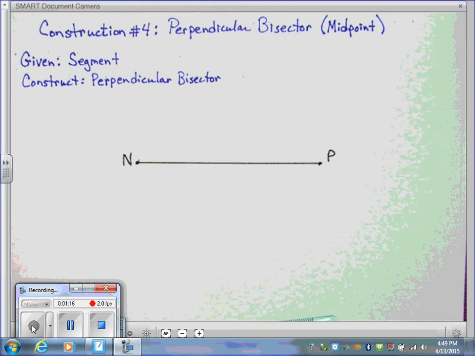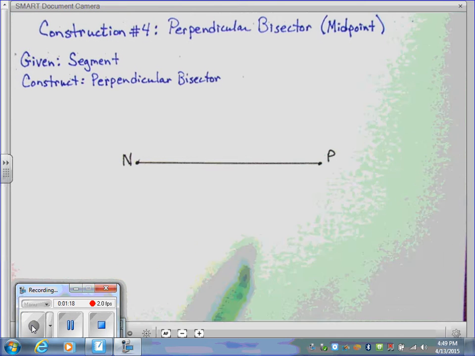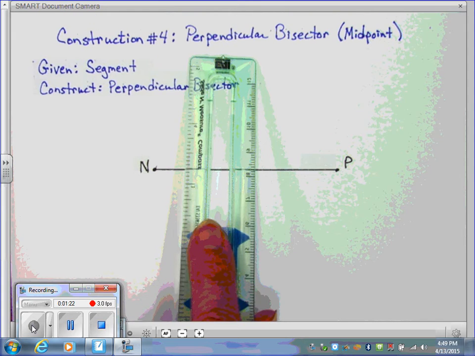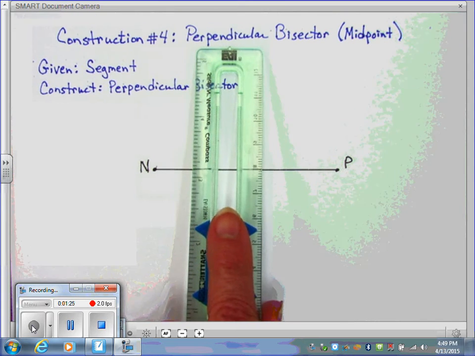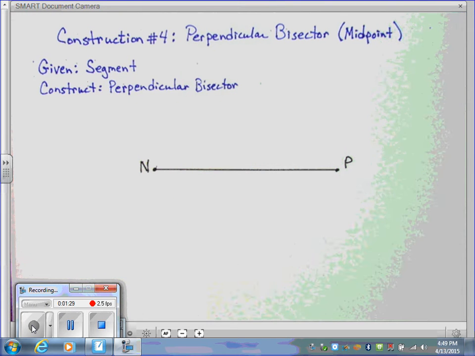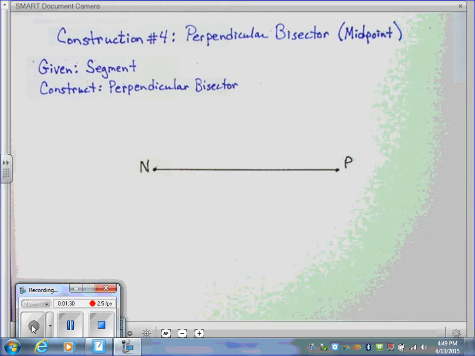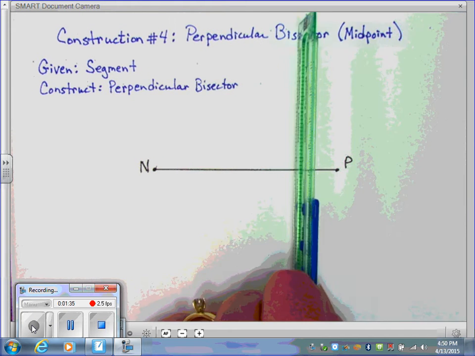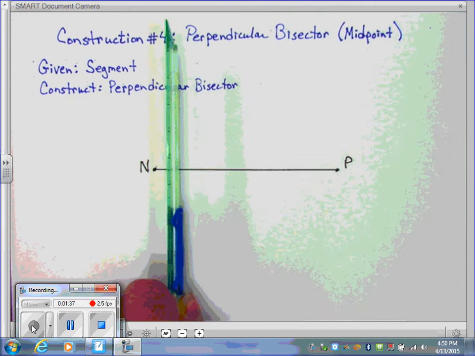Well, now let's think about visualizing what I'm after. Perpendicular means it's going to do what? Perpendicular says something about the angle. What angle is this line going to make with this segment? Perpendicular says it's got to be a right angle. So I'm looking for a line that makes a right angle with this segment.